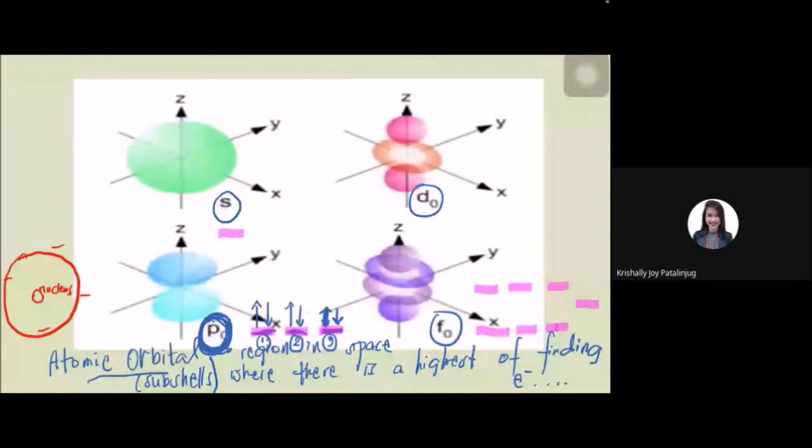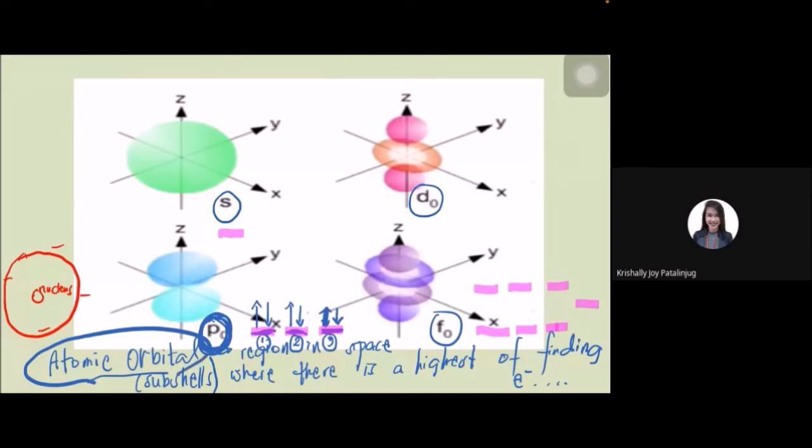He said that electrons are arranged in three-dimensional space in an electron cloud. He was actually referring to the atomic orbital when he said electron cloud.